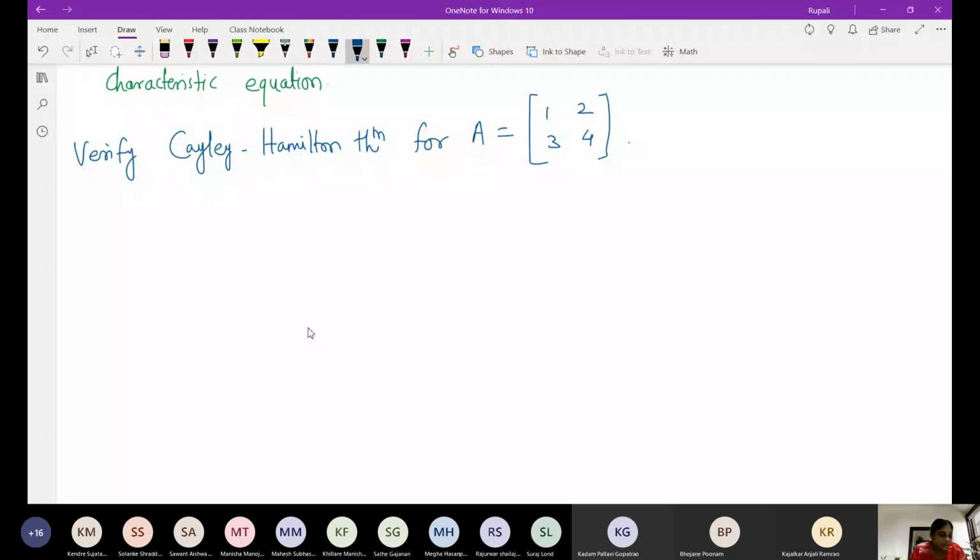You have to find its characteristic equation. So find the characteristic equation. What is the characteristic equation? Determinant of A minus lambda I is equal to 0, right?